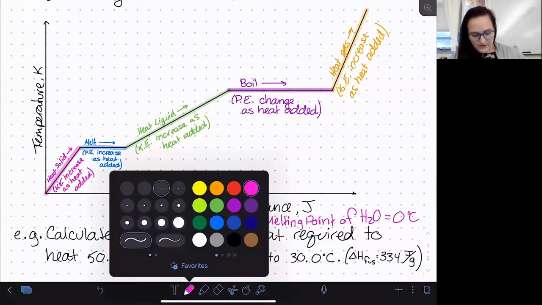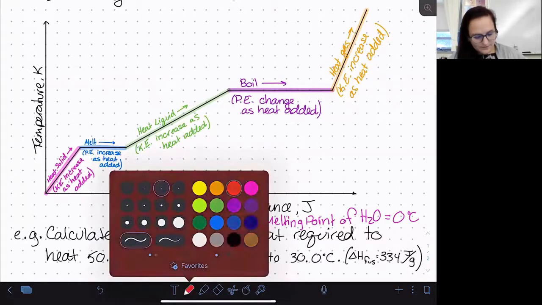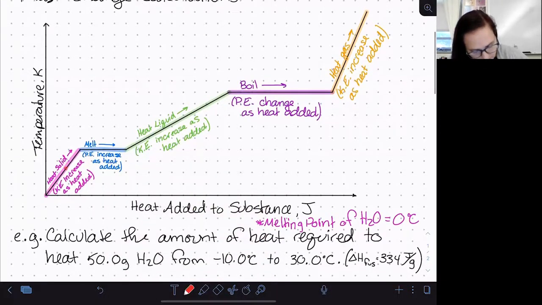So if we think about this in terms of the graph, we are starting out as a solid, we are ending up as a liquid.